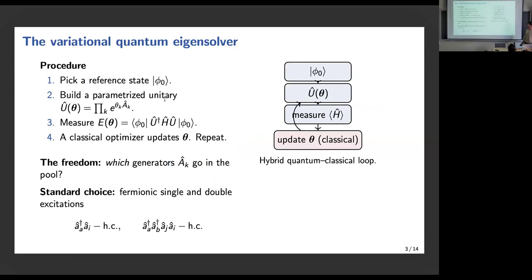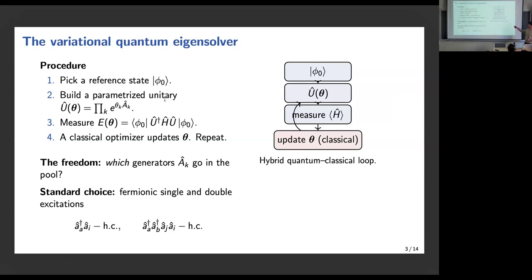Before I get into the details of why that happens, for those of you who are not familiar with the variational method, it's a pretty simple, straightforward approach. The first step is you pick a reference state. For the oxygen molecule example, you might pick some triplet state. You build a parametrized unitary. This unitary is basically a product of exponentiated generators. I'm going to get to that part later again.